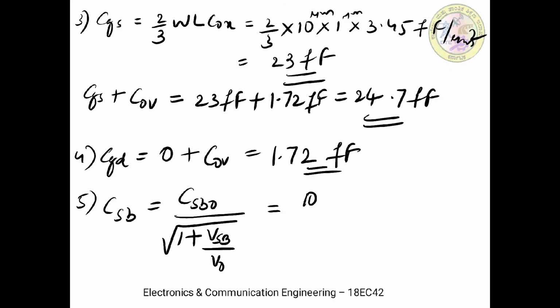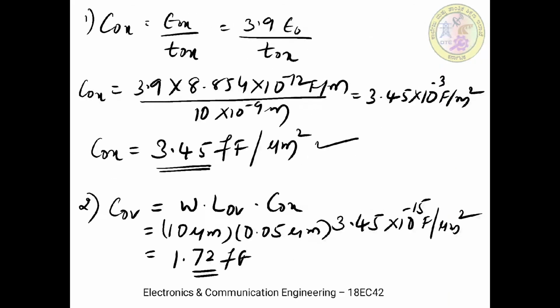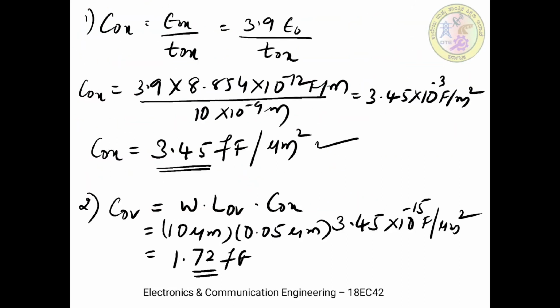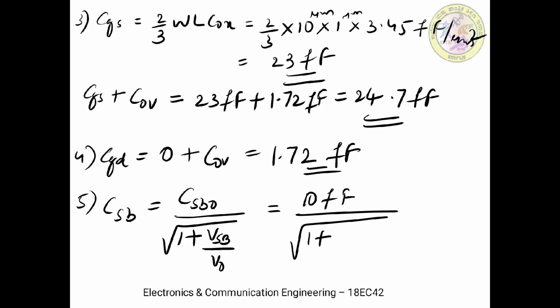In the problem itself it is given CSB naught is 10 femtofarad by root of 1 plus VSB value. VSB value is 1 volt, so we take 1 volt by V naught, which was given as 0.6 volts. On simplification we are going to get 6.12 femtofarads.